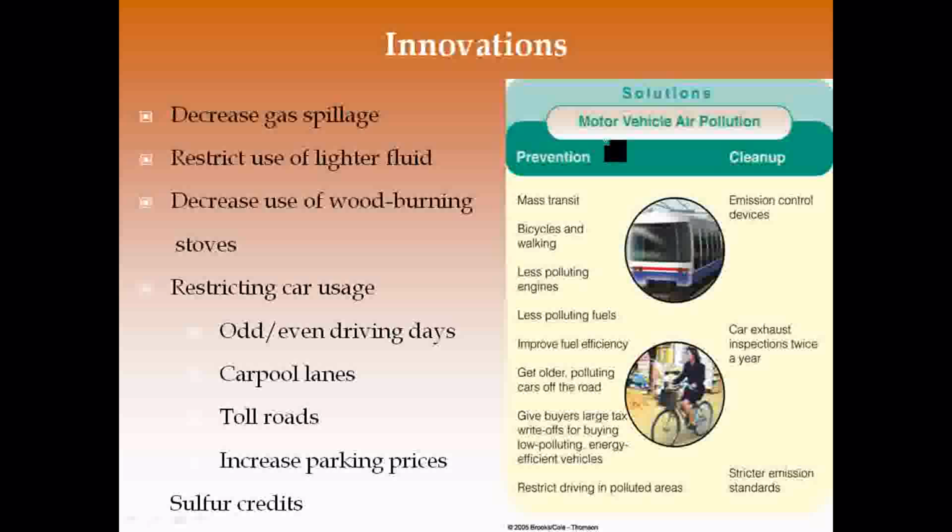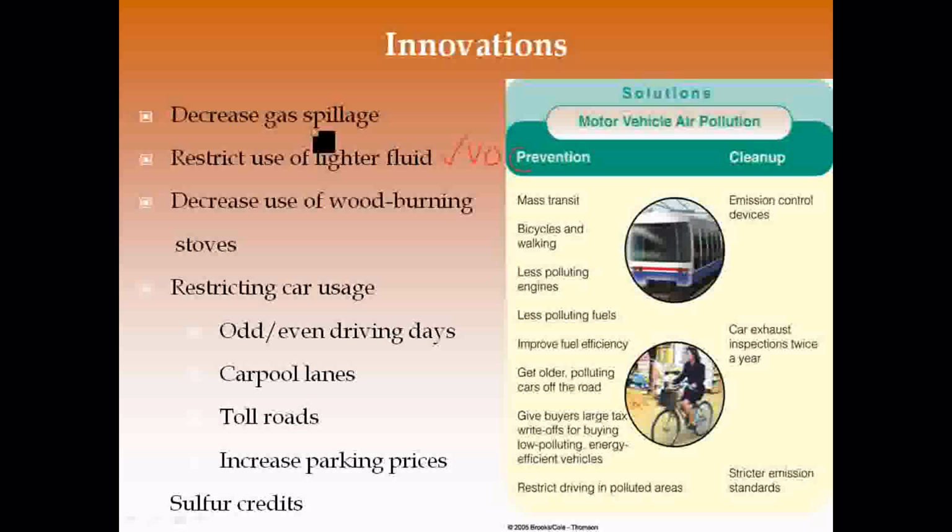In that vein, then, some towns and cities have actually taken to restricting the use of lighter fluid on charcoal grills. A lot of VOCs are released when we use the lighter fluid. We can decrease gas spillage, which happens a lot, especially in developing countries.